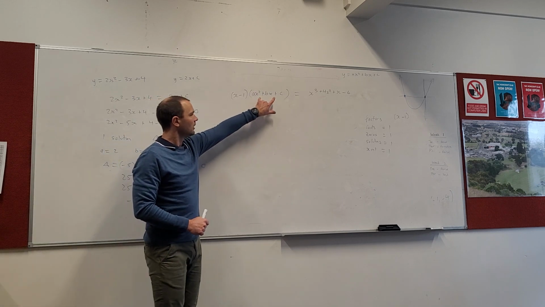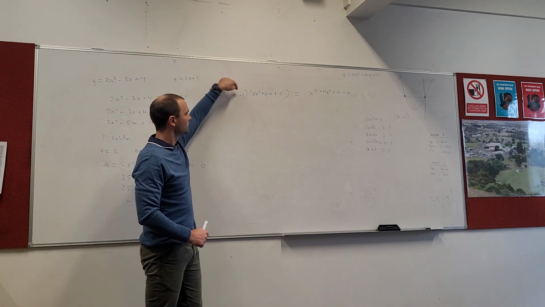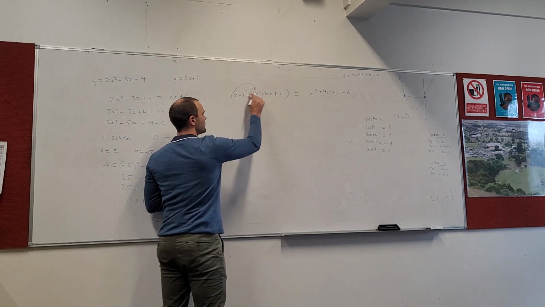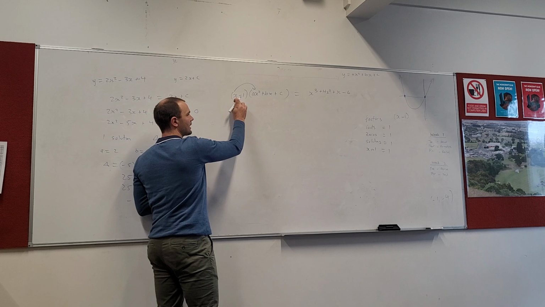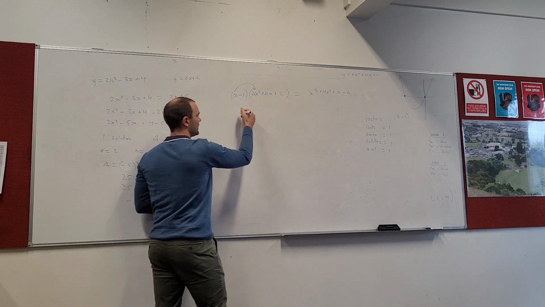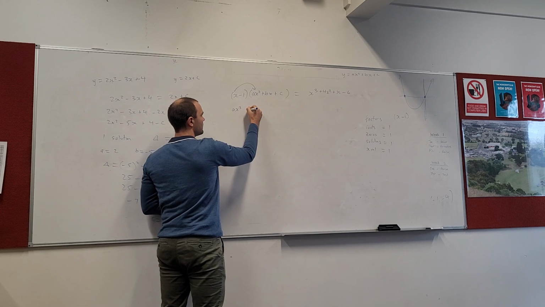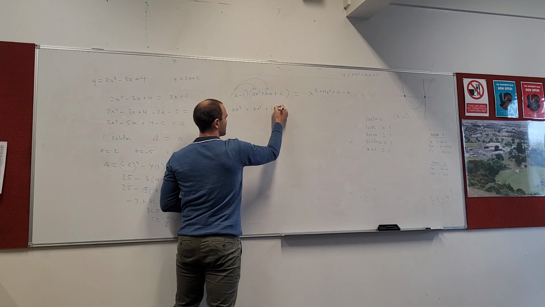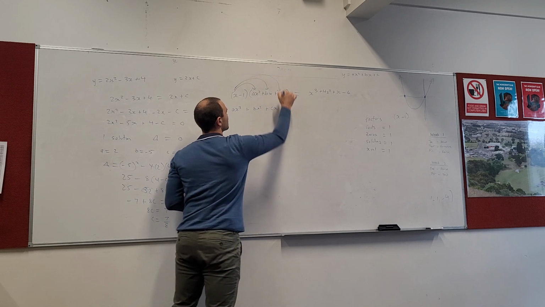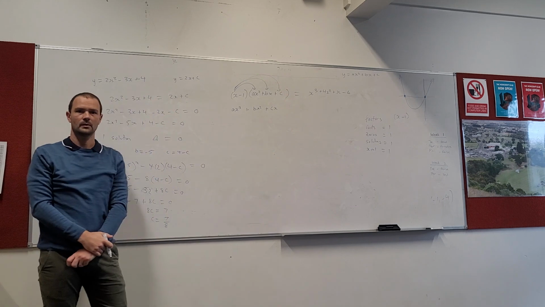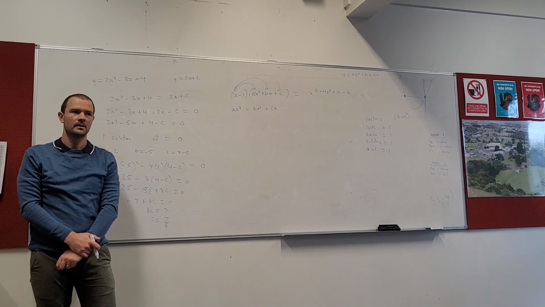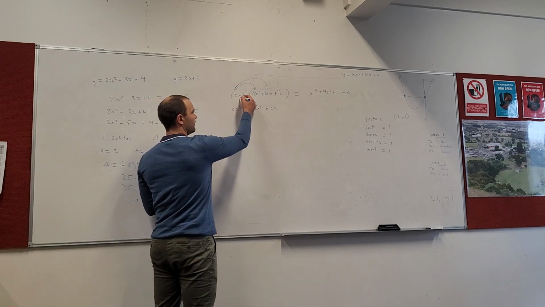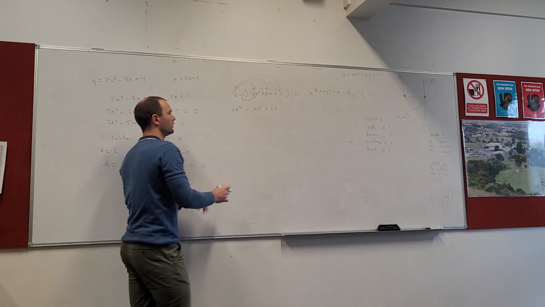So, let's perform this expansion. Remember the staggering method. Firstly, we take the x and multiply it by every term in here. We'll have ax to the 3 plus bx squared plus cx. So we've multiplied the x through, and then we're going to take the minus 1 and multiply that through.